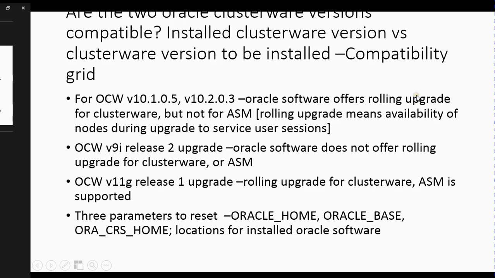In terms of performing a clusterware upgrade for these two release versions, you would be able to perform a rolling upgrade for the clusterware, but you would not be able to perform a rolling upgrade for the ASM.